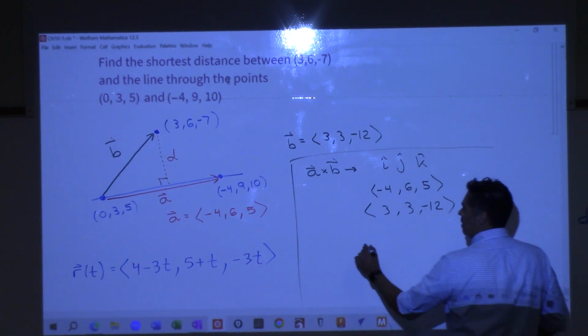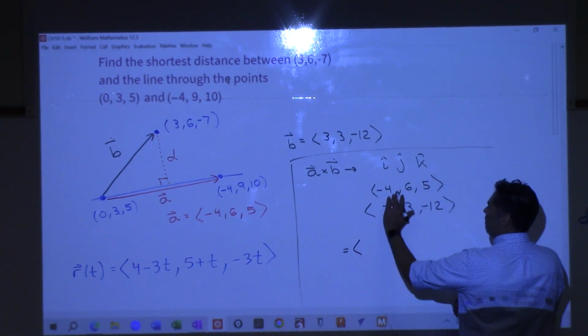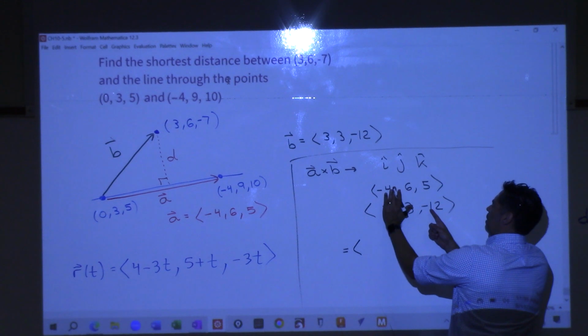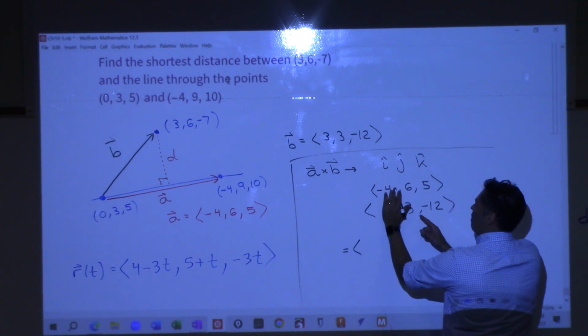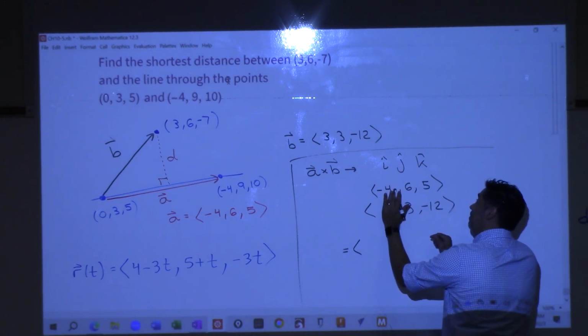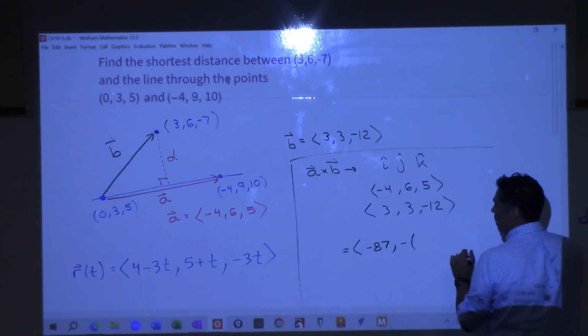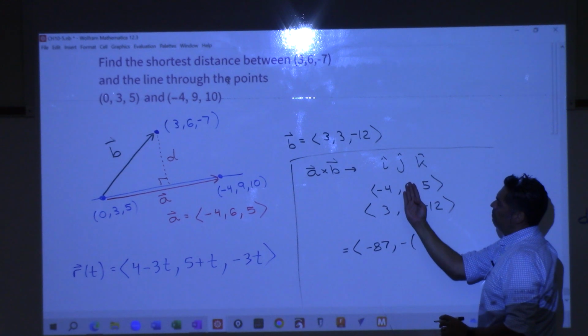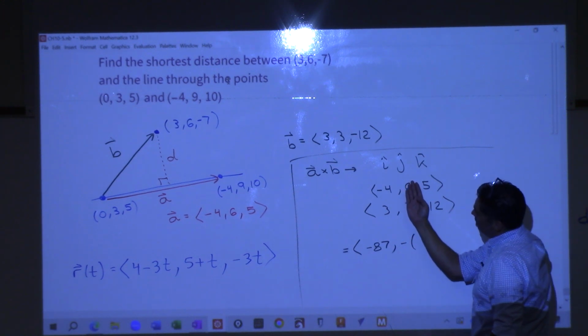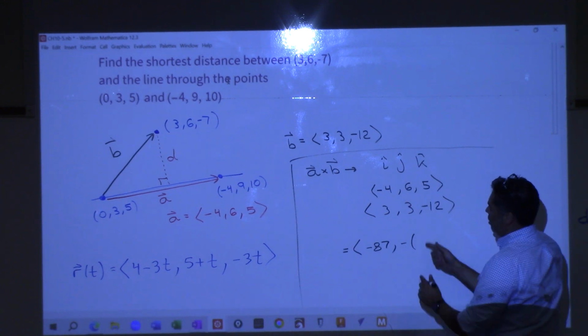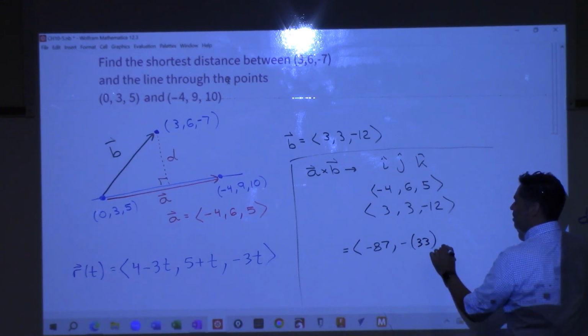Okay, this cross product is, let's see: negative 72 minus 15, negative 87. Then cover up the middle one, 48 take away 15, 33, and then change the sign. So 33, we're going to change the sign.